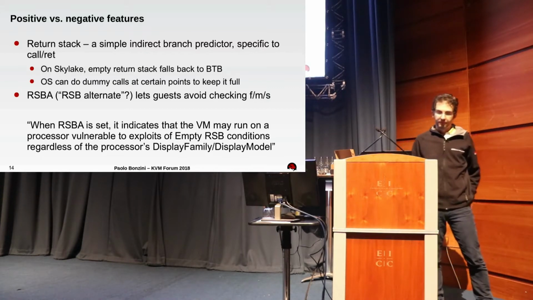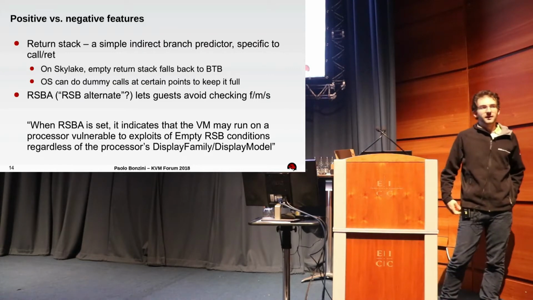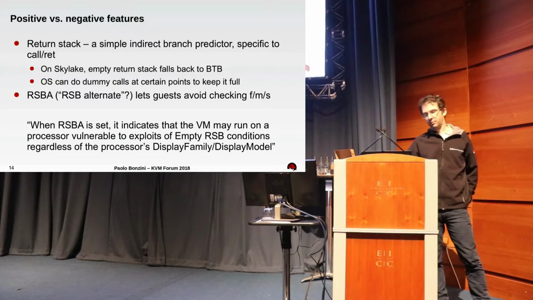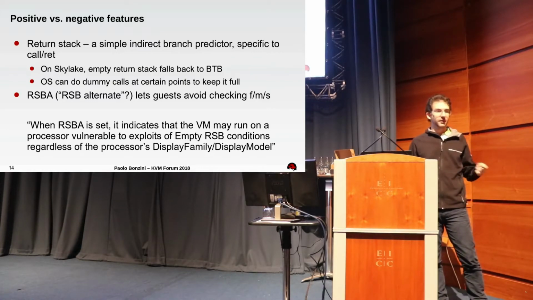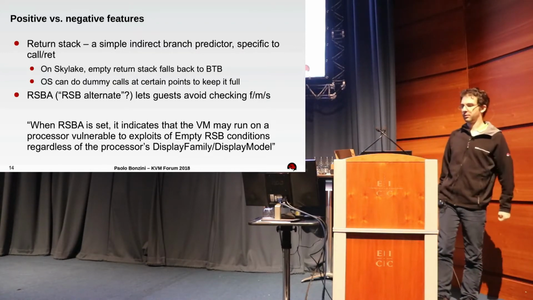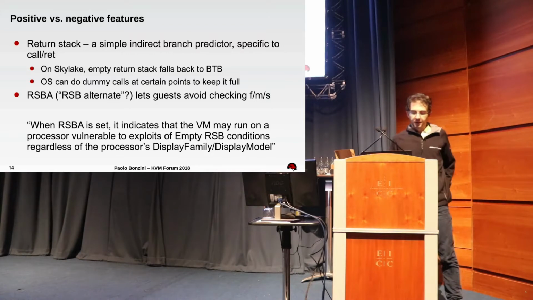variant 2. The OS, in order to avoid returns being vulnerable to Spectre variant 2, can do dummy calls at certain points. It will keep the RSB full, and because it's full, it doesn't fall back to the BTB, and it's not vulnerable to Spectre v2.